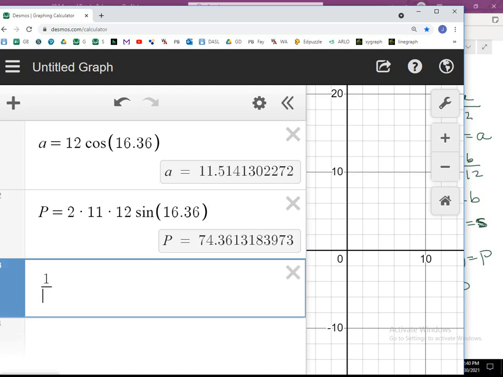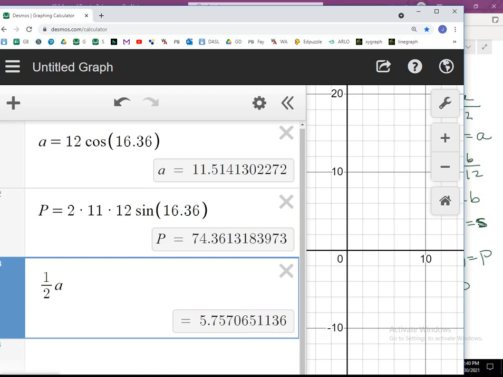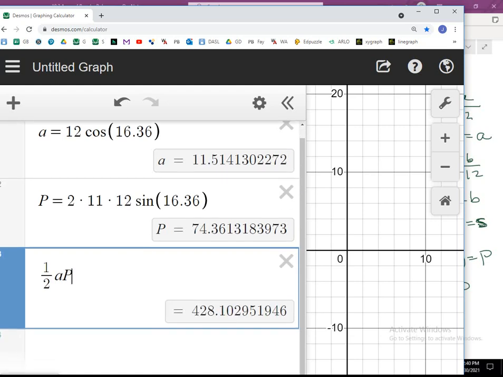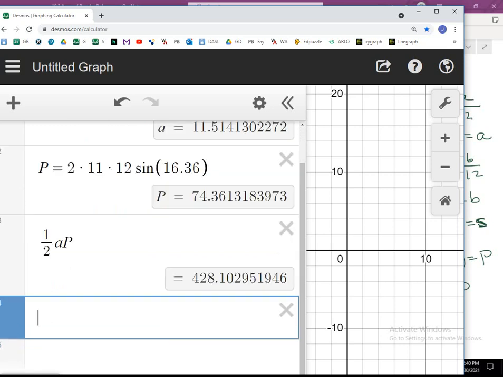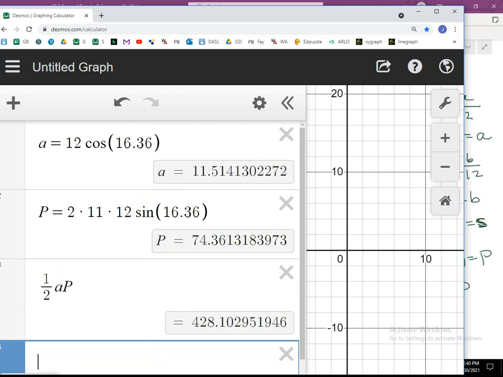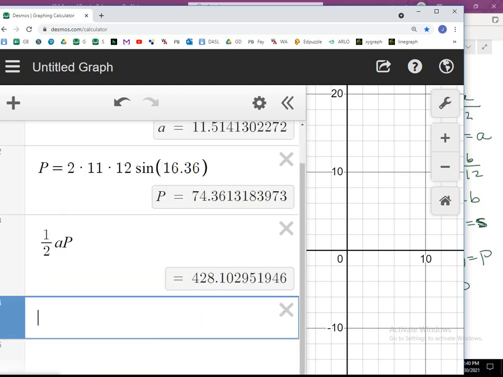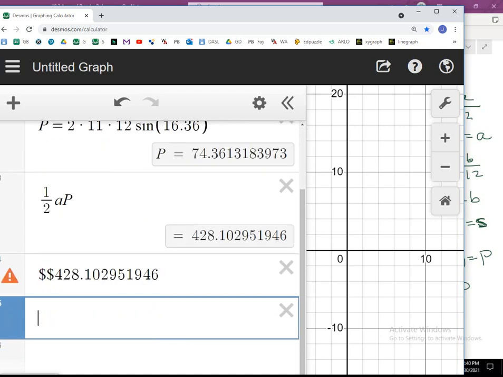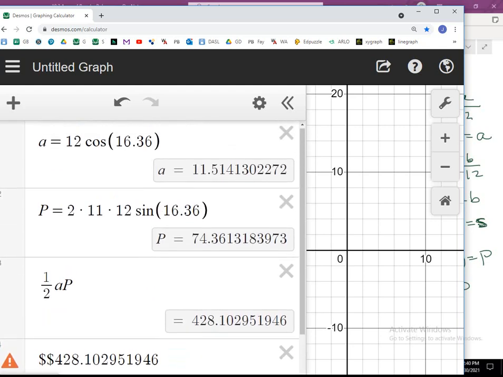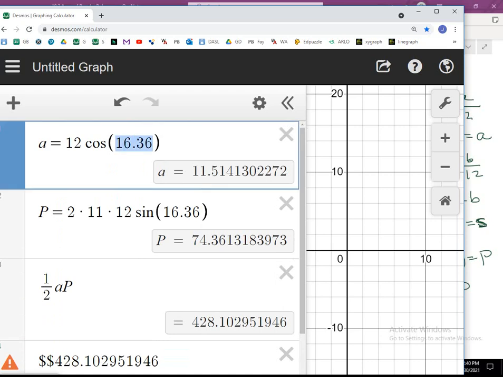So if I go 1/2 A times P, there's my area. Now that's using this rounded value, right? Okay. If I would do this without the rounded value, okay, so let me cut this number. Paste it, and then we'll put 360 divided by 22 here.